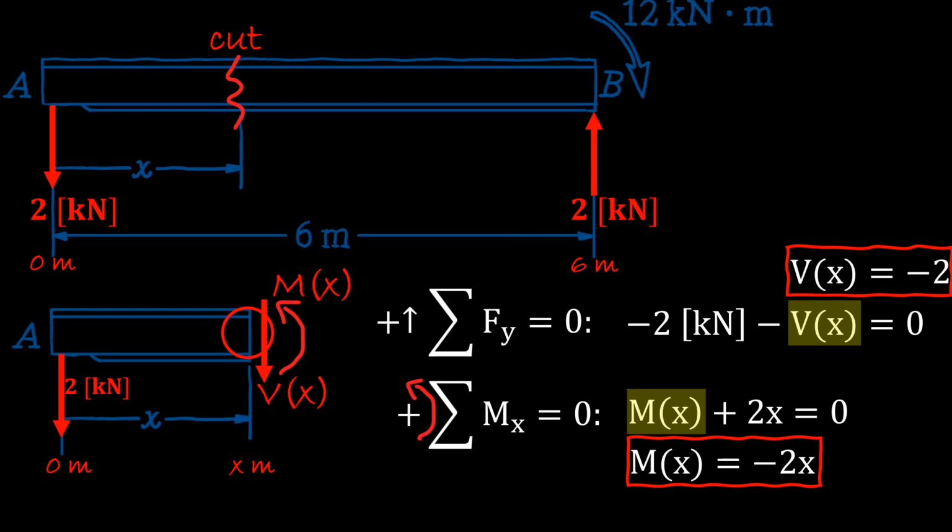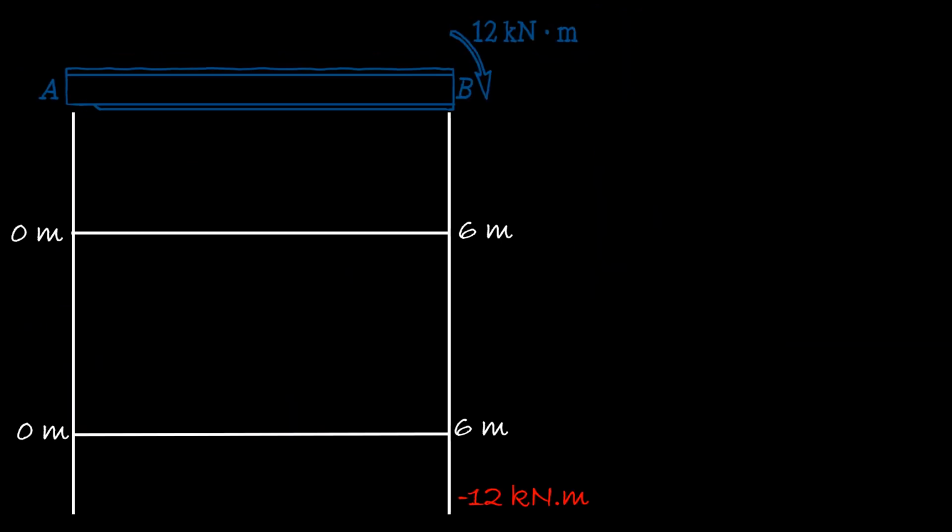Now we can draw the shear and moment diagram. So right here, first things first, at A we have a downward force of 2 kilonewton, and now the internal shear force as a function of x is equal to -2.